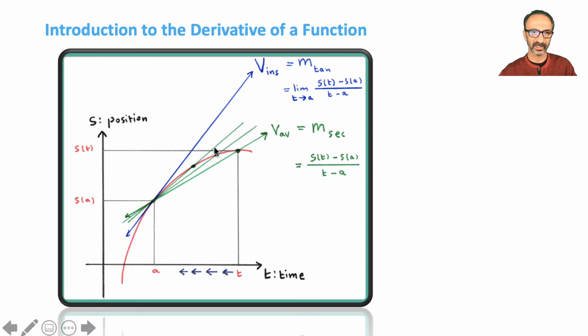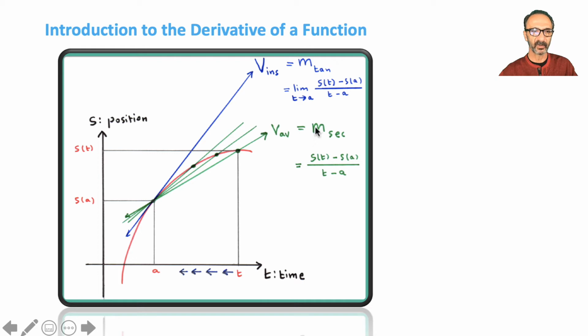If I move another step, I will see this secant line. Eventually, by hand, by graphs, I cannot do it all, but if I keep doing that as a limit concept, this secant line becomes the blue line, which is a tangent. Secant becomes a tangent.